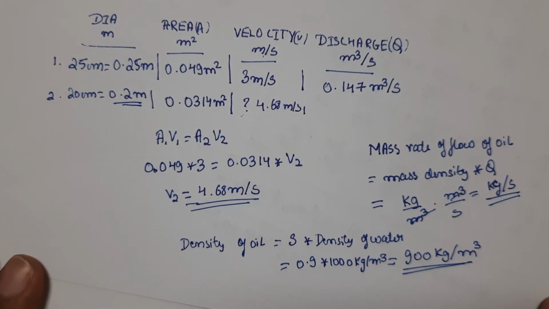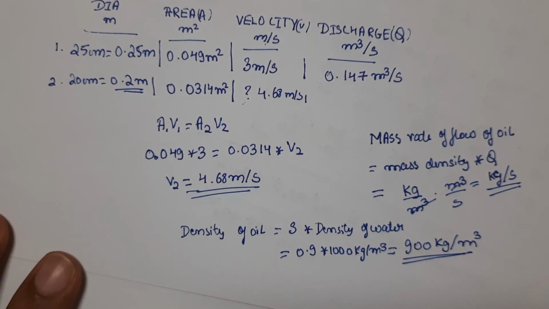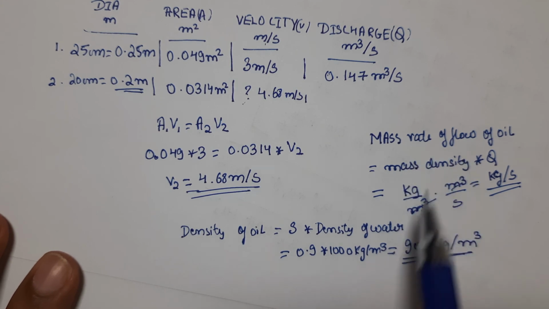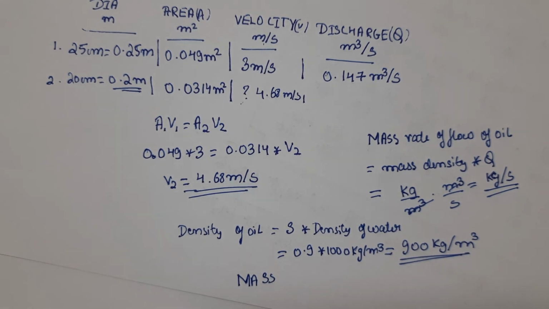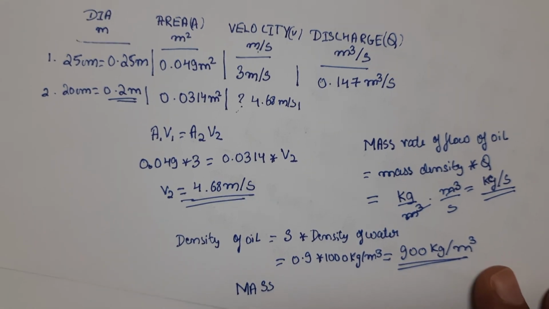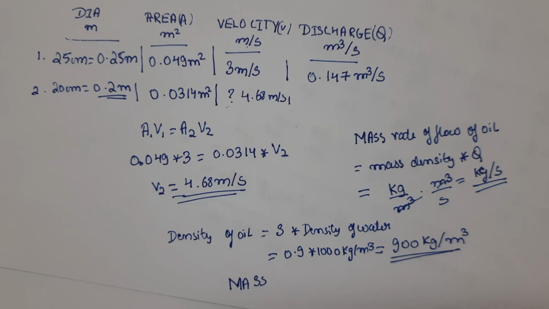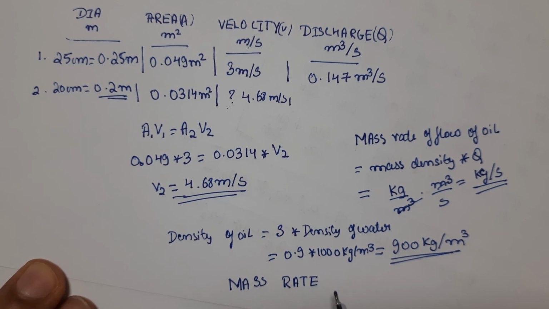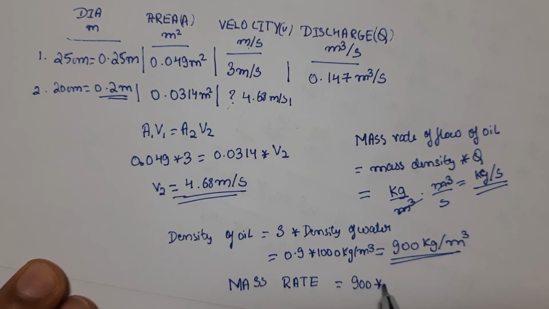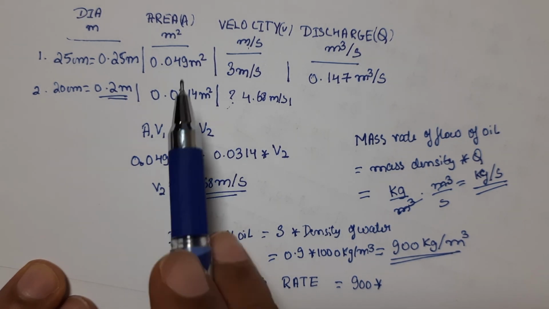Now the mass rate of flow is nothing but this 900 into the discharge.